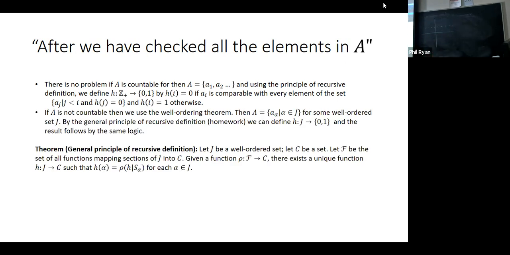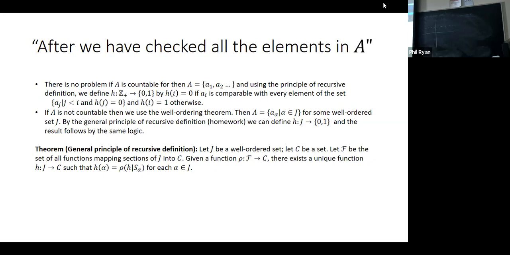Then we're going to have to use well ordering. So what we do then, we index A by some well-ordered set J, and we use the general principle of recursive definition, which I think I put as a homework problem, and we can define a function that goes from J to 0, 1.